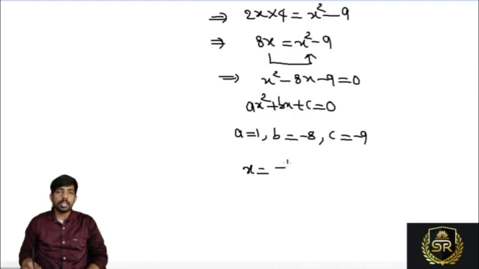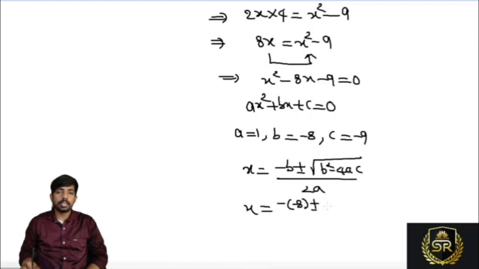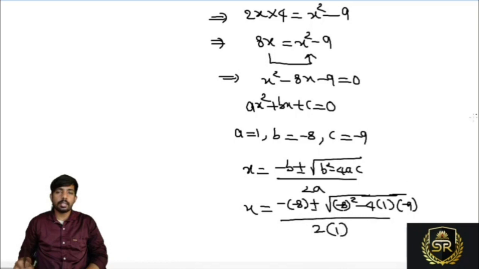X is equal to minus b plus or minus root over b square minus 4ac, by 2a. Minus b is minus of minus 8, plus or minus root over minus 8 whole square minus 4 times a, which is 1, times c, which is minus 9, by 2a, where a is 1.